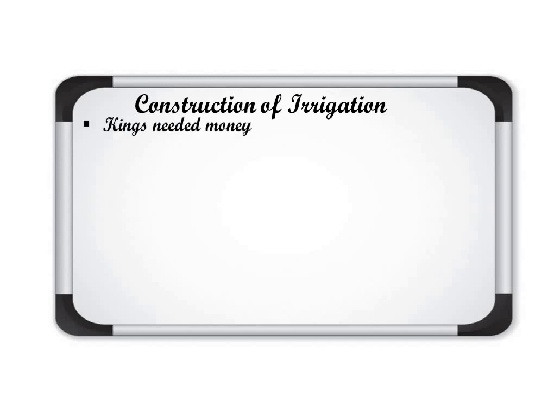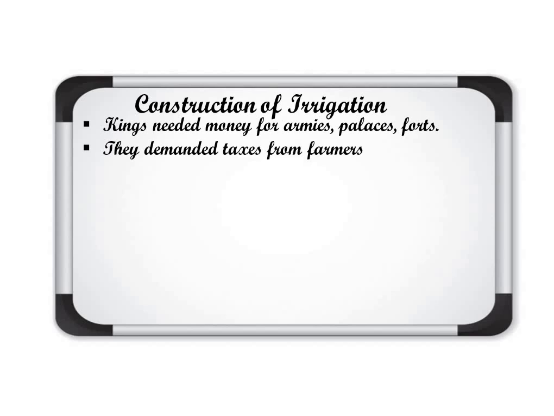Kings needed money for armies, palaces, forts. They required the money for making large armies, for building palaces, for building the forts, and for that they demanded taxes from farmers. And the farmers were not in a condition where they themselves could build these mediums of irrigation.